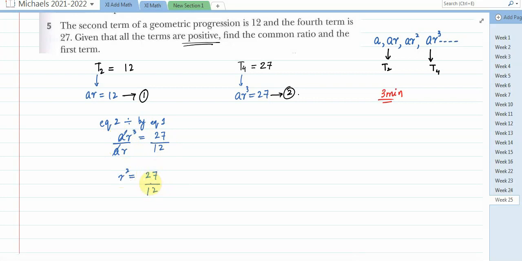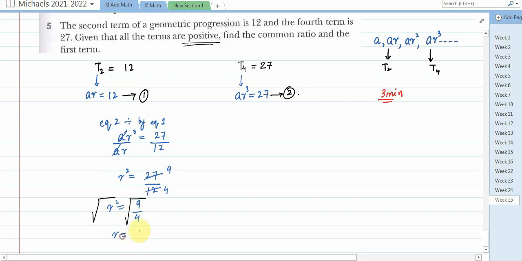And you can simplify. 3 9s are 27, 3 4s are 12. So r square equals 9 divided by 4. We need to apply square root on both sides. So r equals 3 upon 2. We are going to select only the positive value because it is mentioned in the question. So the value of r we have is positive 3 upon 2.